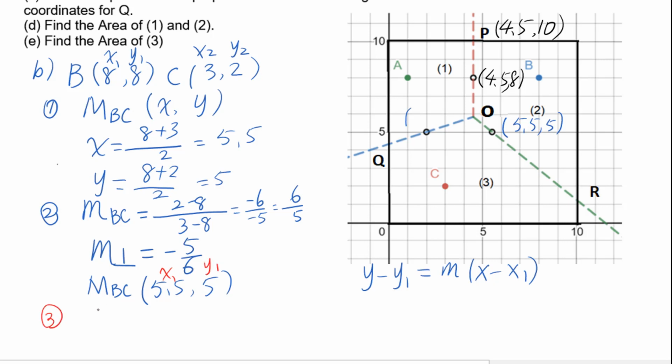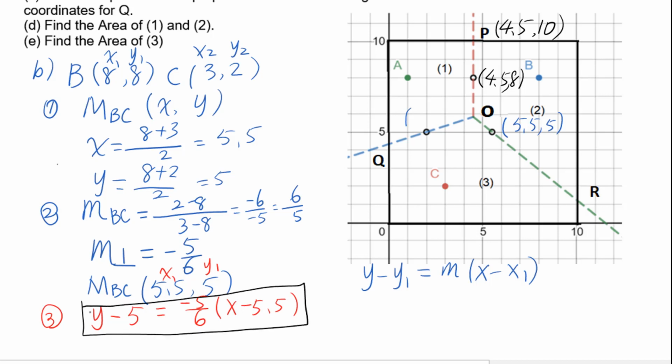So the third step, we need to use this formula. y minus y1, which is 5, equals the slope, -5 over 6, times (x minus 5.5). This will be the equation of the perpendicular bisector of BC. Let's label: y minus 5 equals negative 5 over 6 times (x minus 5.5).